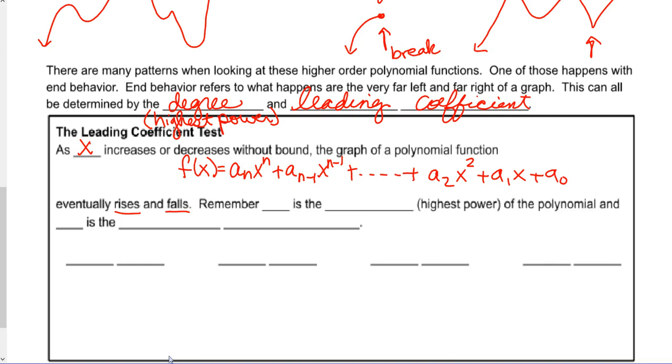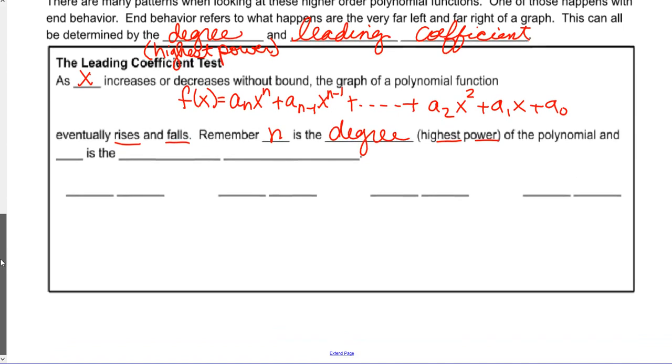Now, we need to remember that n is the degree, here I alluded to the highest power, of the polynomial, and a sub n is the leading coefficient.